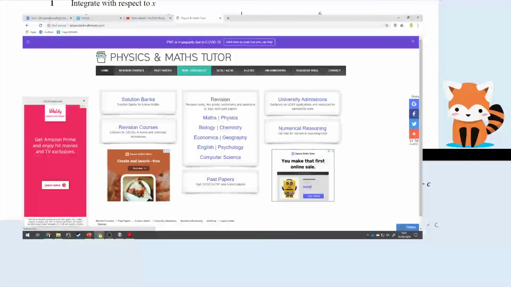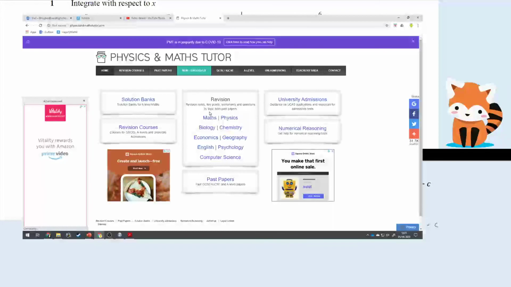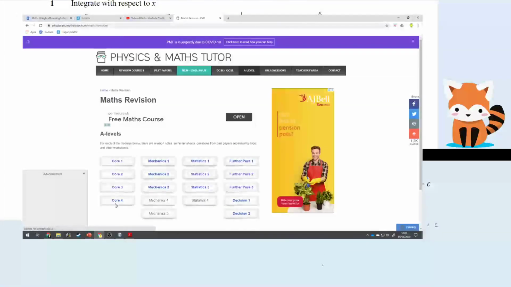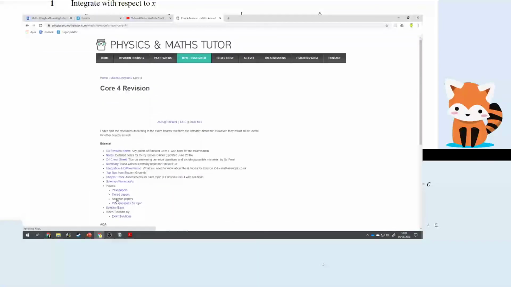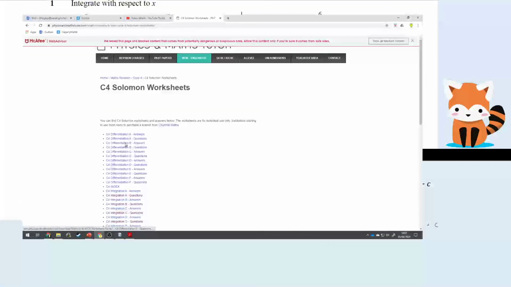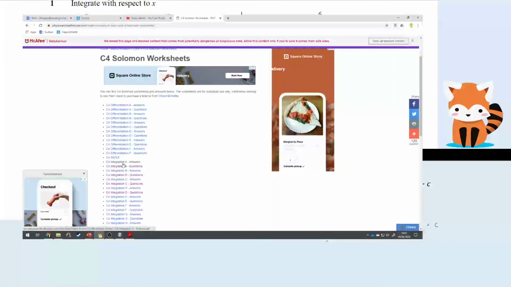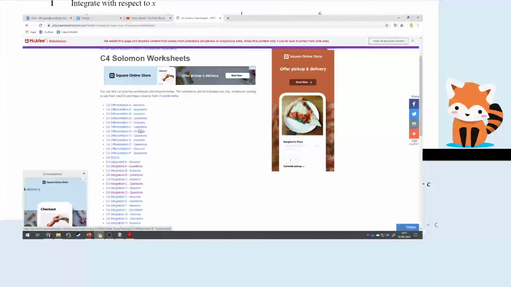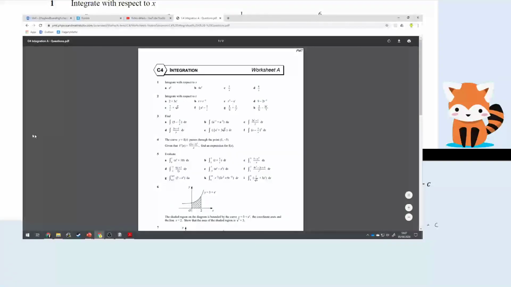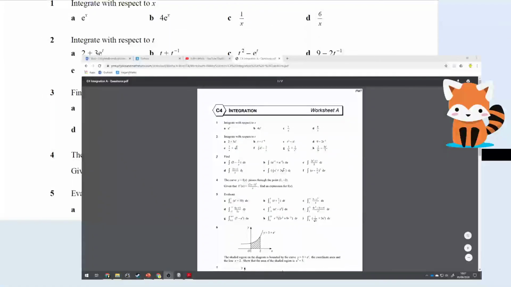So if you go to maths revision, go to core 4, which is this one down here, and go to Solomon worksheets, the worksheet that I've got up here is integration A. You can see this is the same worksheet as I've got behind.